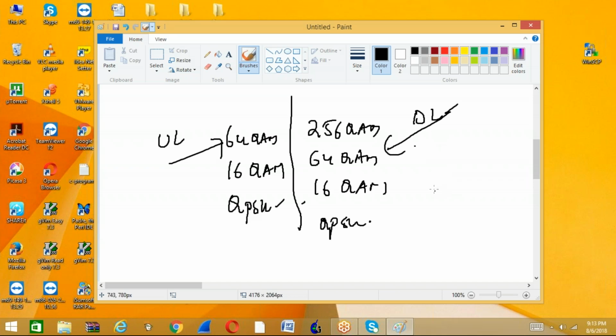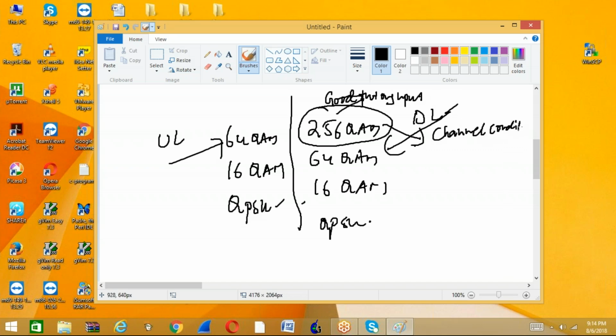Apart from this, we also saw that if we use 256 QAM, we get a very high throughput, and we use it only when channel conditions are good. Throughput is nothing but speed.